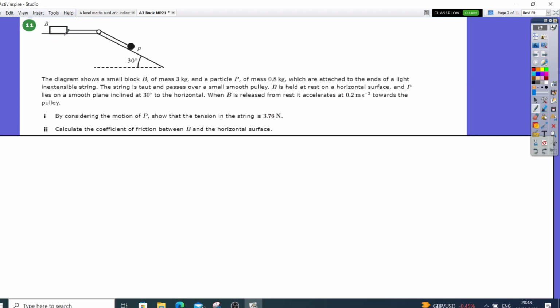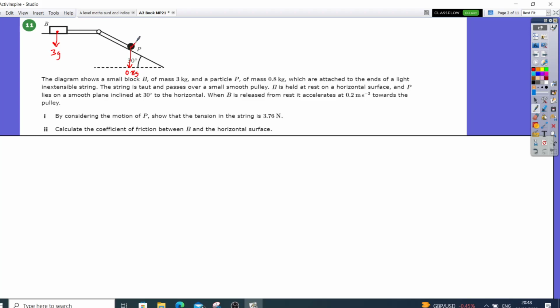Let's have a quick look at this. We've got the weight coming down on here, which is 3g. We've got the weight coming down here, which is going to be 0.8g.